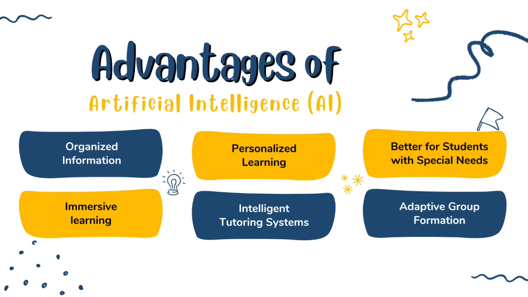The advantages of artificial intelligence, or AI. There are 6 advantages. First, organize information. In particular, these intelligent machines have been used by teachers and educators around the world to improve student performance with their exceptional capabilities, such as being able to provide information constantly from a variety of sources and never forgetting anything.